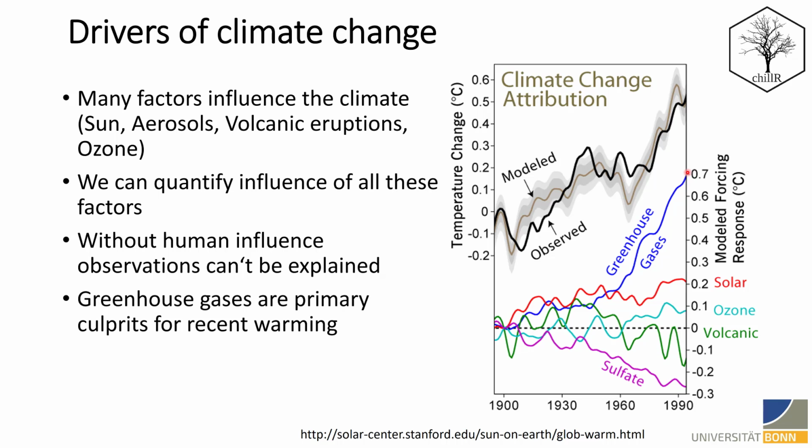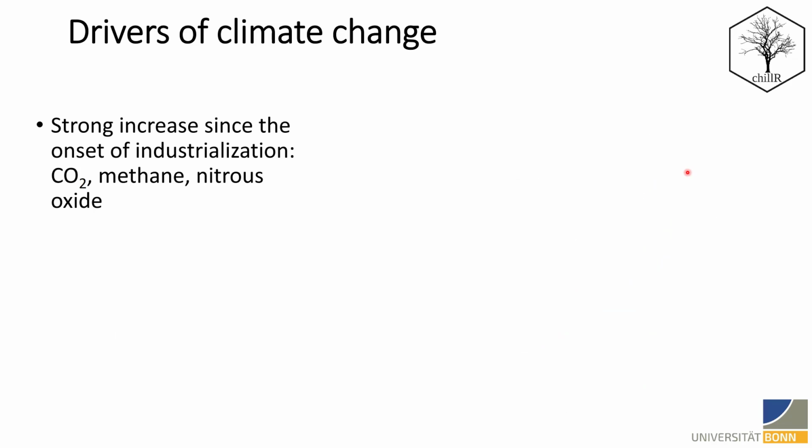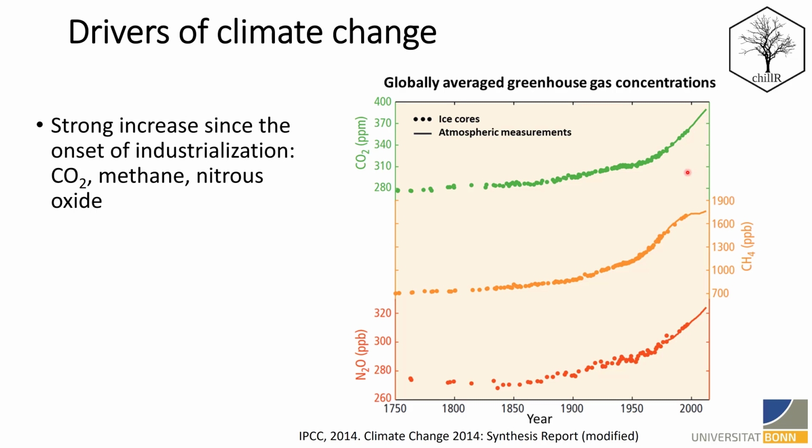Greenhouse gases are the primary culprits for recent warming. That is, I would say that science is actually rather settled by now. And it's not very surprising because we've seen a strong increase since the onset of industrialization in CO2, methane, and nitrous oxides in particular.